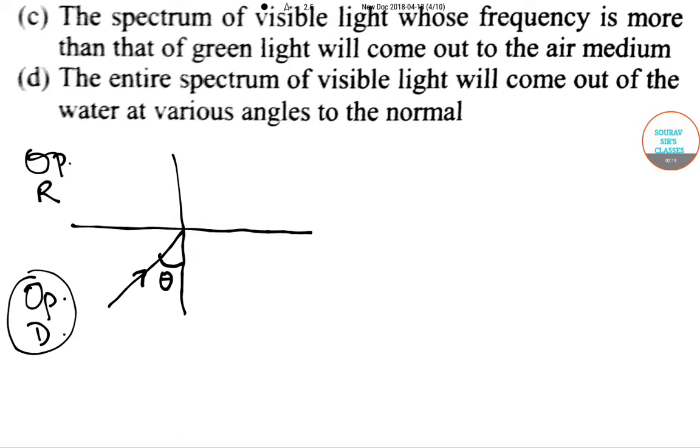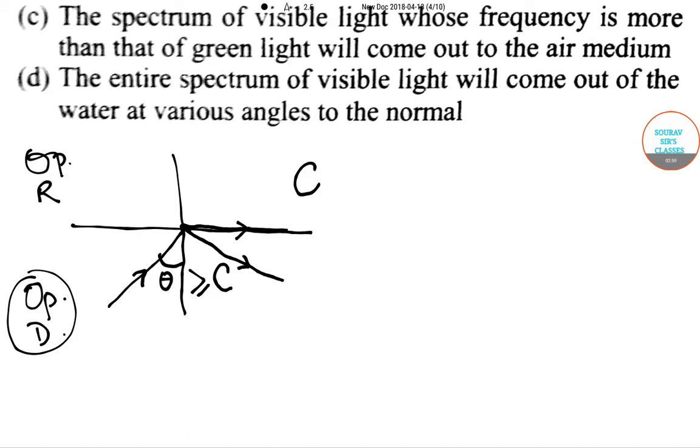This must be greater than or equal to the critical angle, that is C. If theta is greater than or equal to C, then the refracted light will either follow this path or it will be totally internally reflected, that is, there will be no refraction.